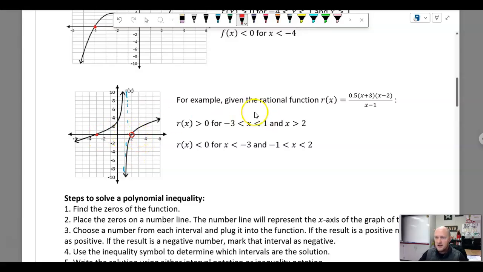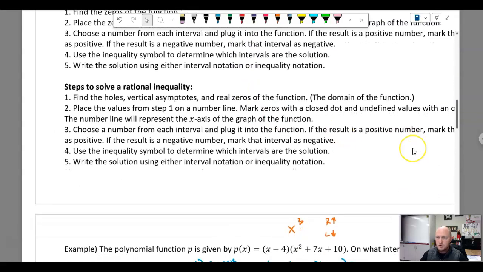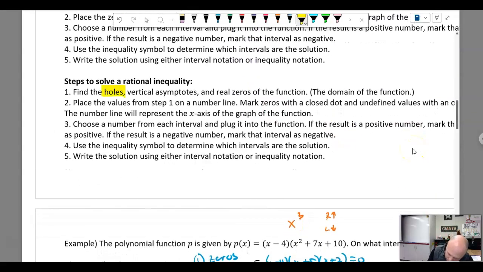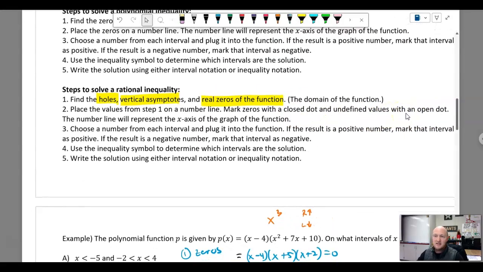So we have to determine holes, vertical asymptotes, and real zeros, and then we will place these values on a number line. Mark the zeros with a closed dot, undefined values with an open dot, and then I like to give a dashed line for an asymptote. And then again, we'll choose numbers and we will test and then write the solution using the inequality symbol, okay?